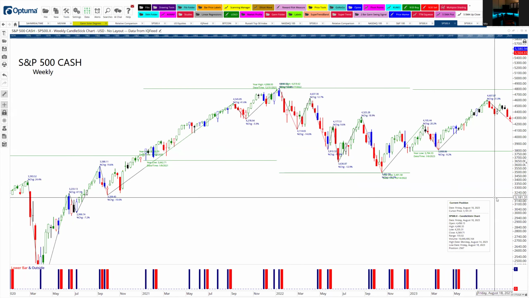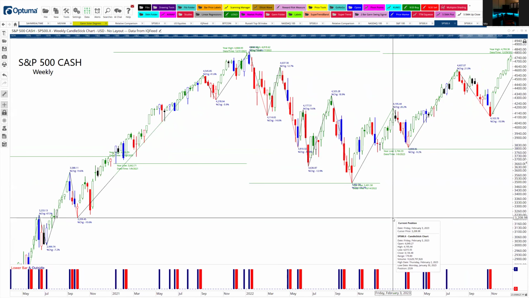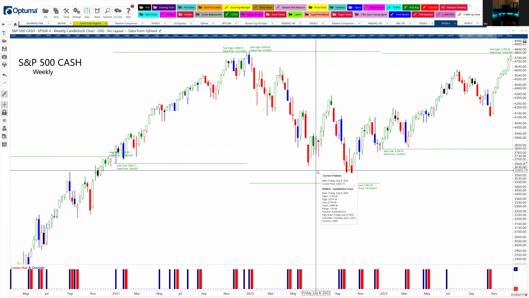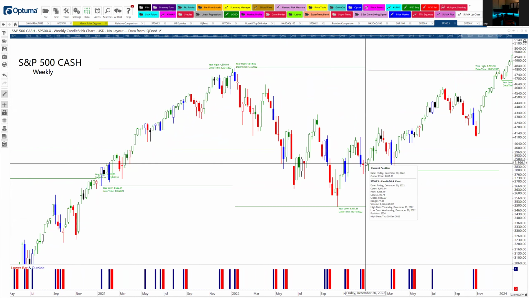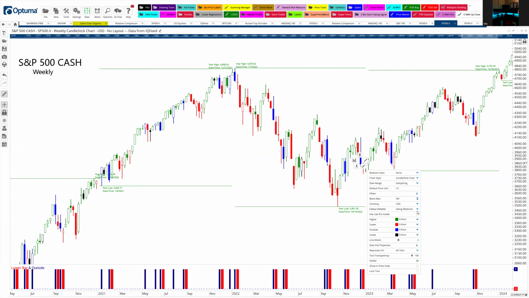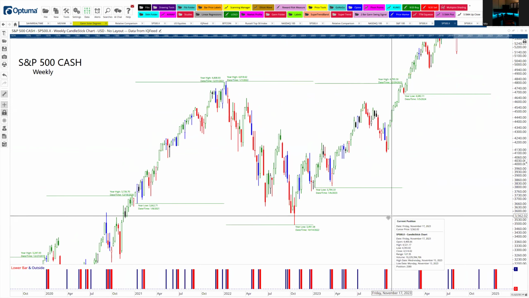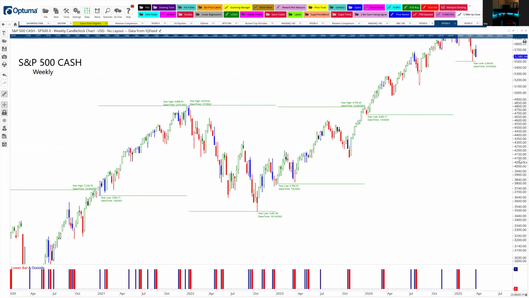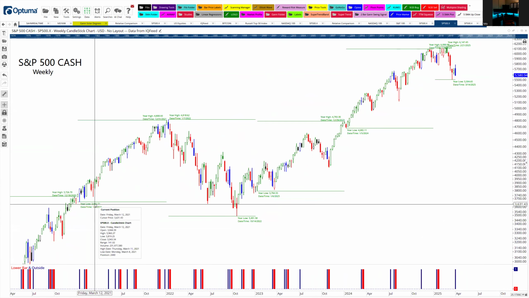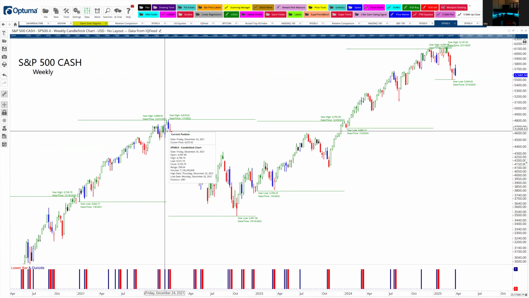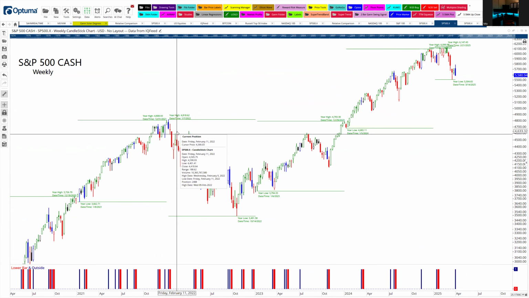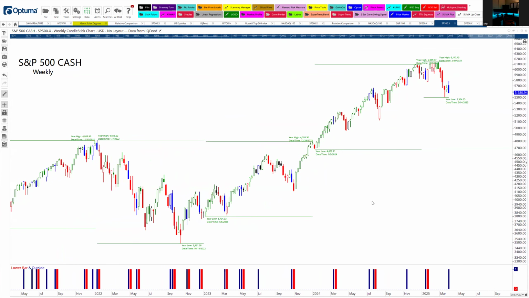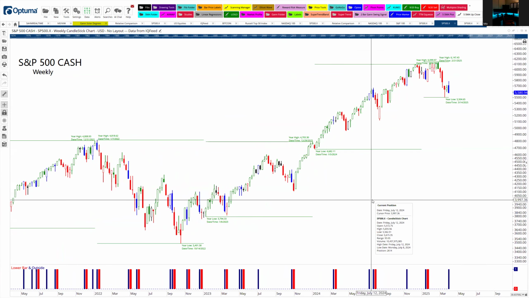For me, I think the topping pattern that we saw at the end of 2021 to the beginning of 2022, the pattern looks quite similar to what it is now on the weekly chart. The topping pattern at the end of 2021 looks very similar to what we had at the end of 2024 and the beginning of 2025.